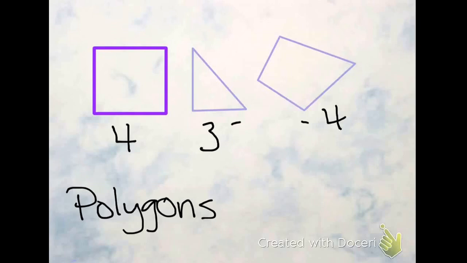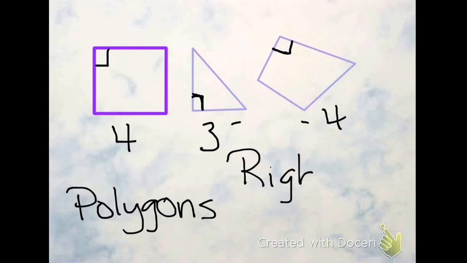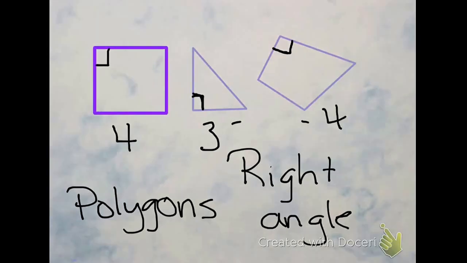But if I look, I see that this is a square with a right angle. This right triangle has a right angle. And if I look right here, this shape has a right angle. So I could also say that all 3 of these shapes have a right angle. And this would be a correct statement, a true generalization.